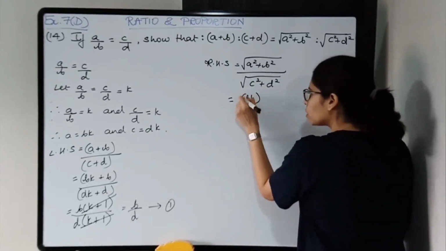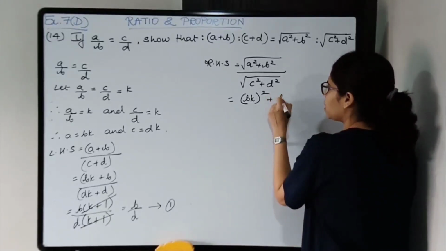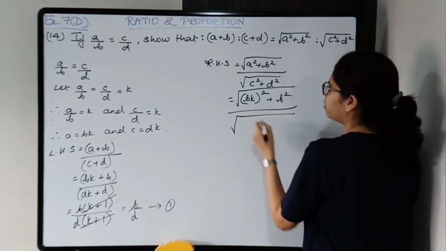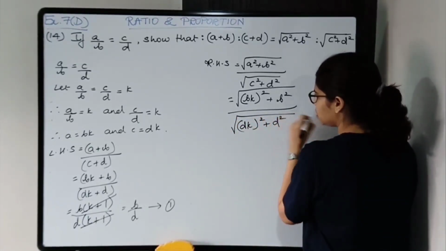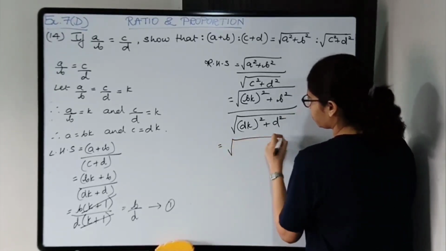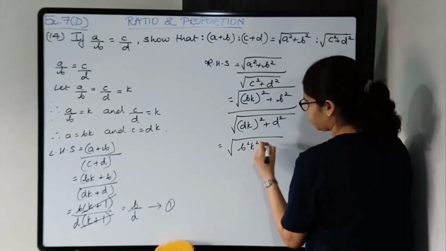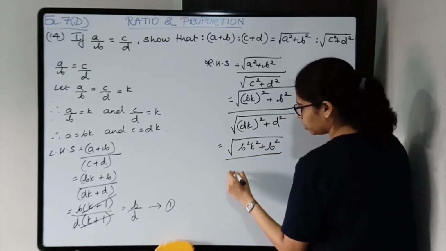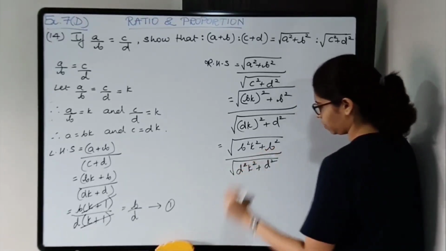Write BK, put brackets and then square, plus B square, under root, and your DK the whole square plus D square. This will be B square K square plus B square upon D square K square plus D square.